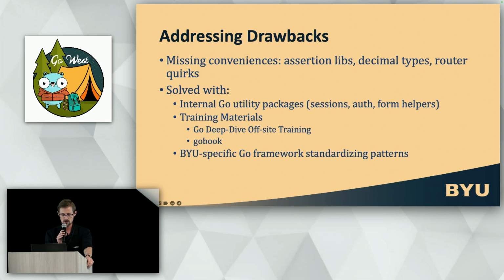We want to see more of those. And internal utility packages, auth, form helpers, sessions, we have to make some of those decisions either to adopt third-party libraries or make our own. But again, far fewer than if we were in a JavaScript ecosystem.